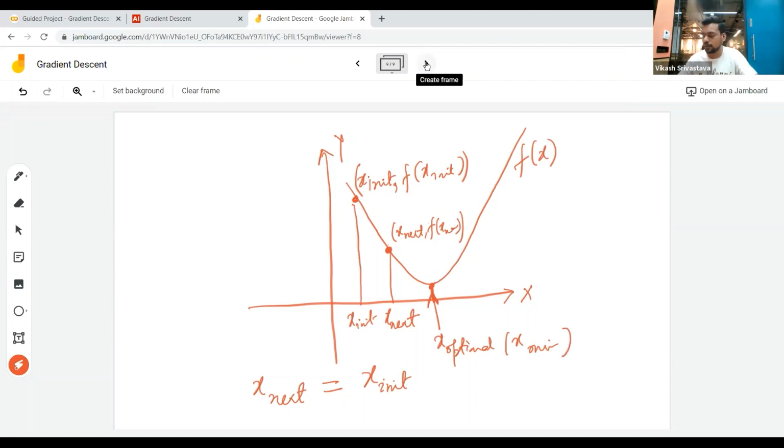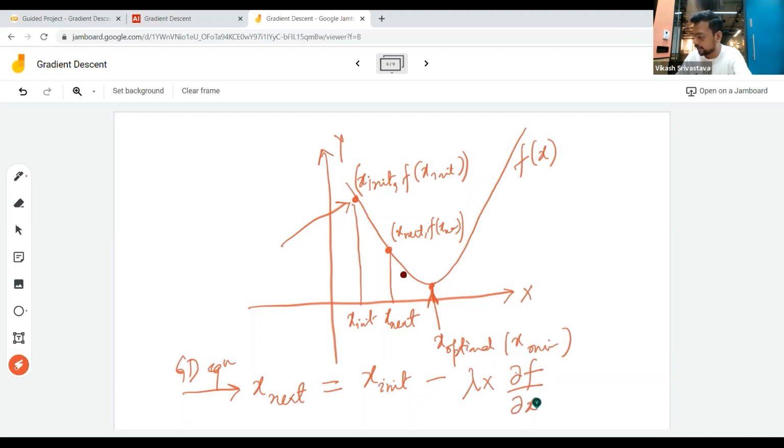So we'll start at a particular random point, which we call x init. And this is our gradient descent equation: x next is equal to x init minus, let's say, some learning rate that we can call lambda, multiplied by the derivative of this function with respect to x at x init. Okay, so this is the equation.